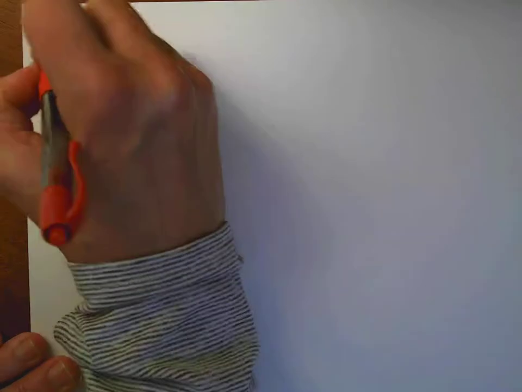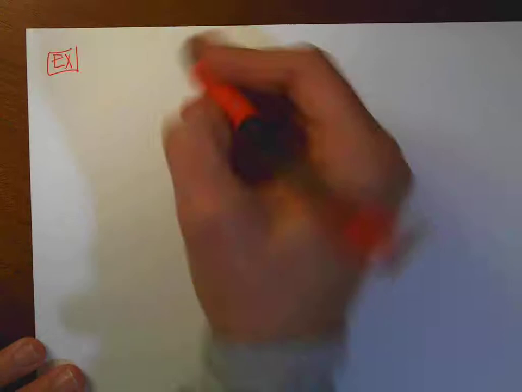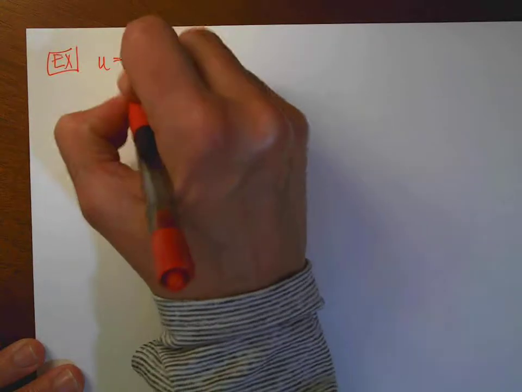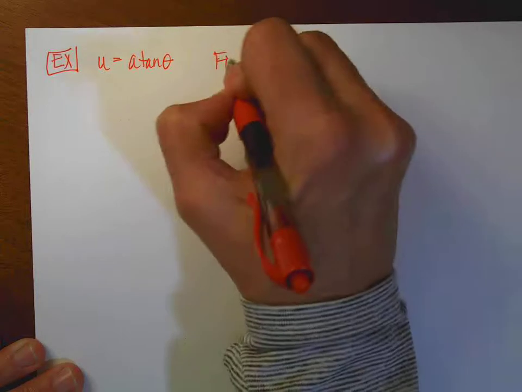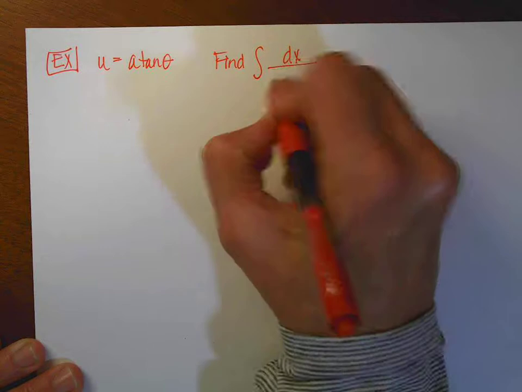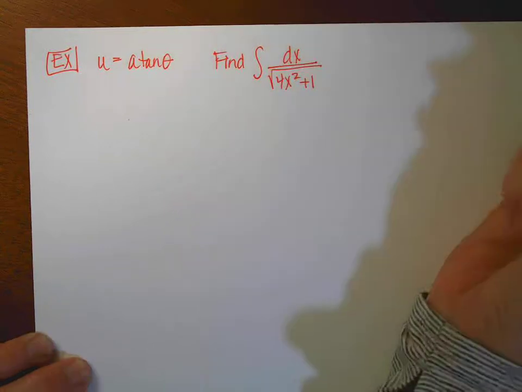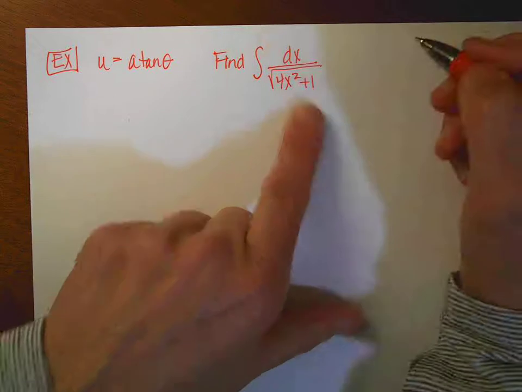Alrighty. For our second example, this one is going to be about substituting tangents, so this is going to be about a tangent theta. We're going to find the integral of dx over the square root of 4x squared plus 1.